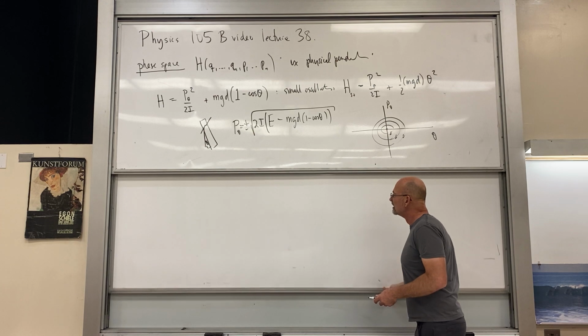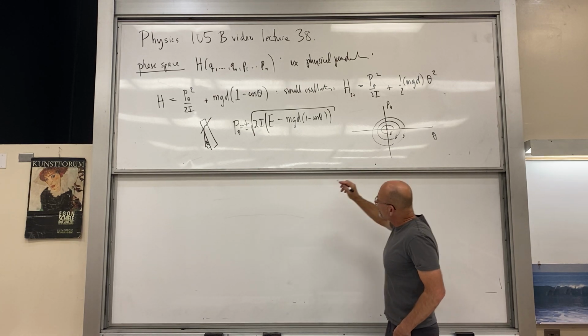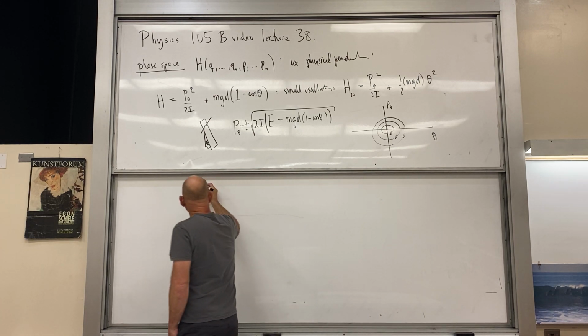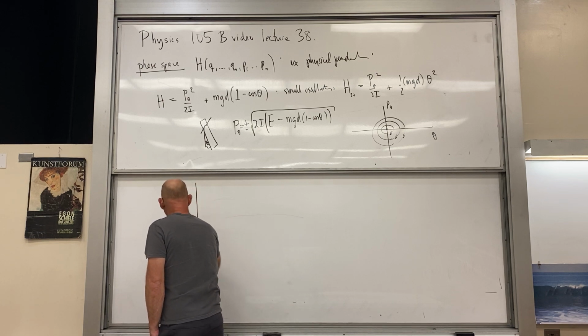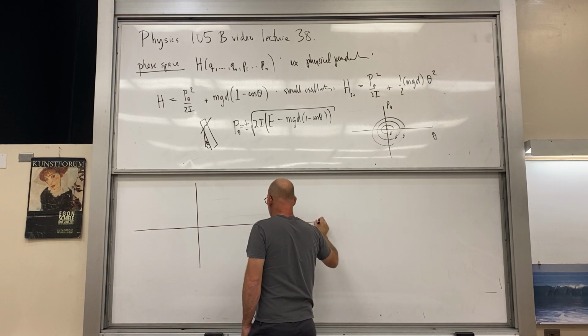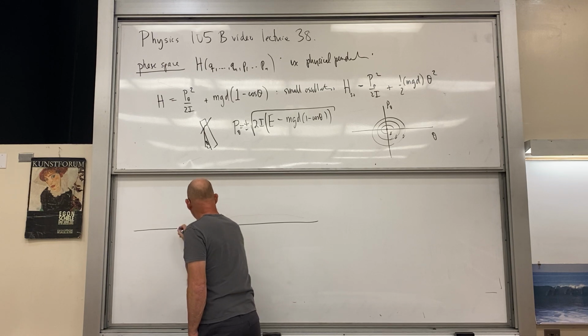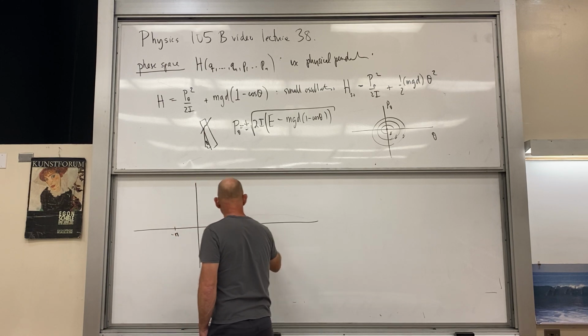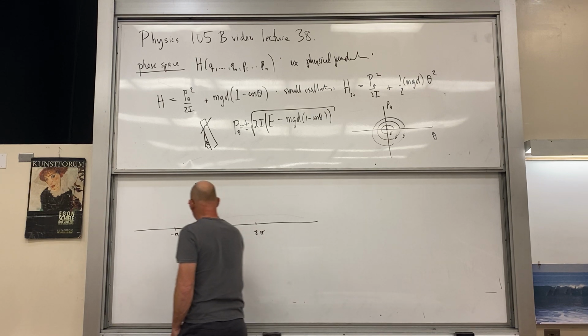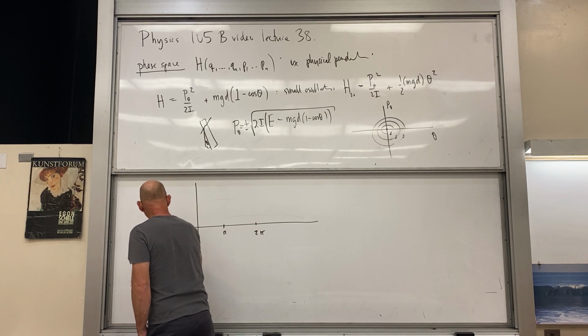So constructing this again, this time with a little more room on each side, we can go pi, minus pi, 2 pi, minus 2 pi.